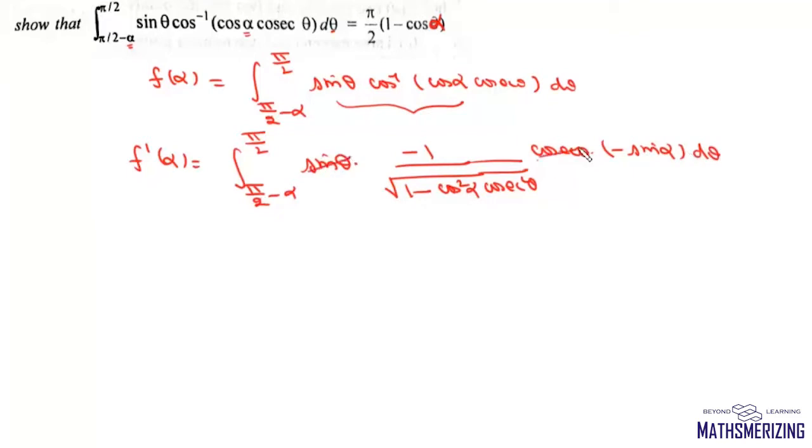Now sin theta into cosec theta is 1, and then plus, I will put the upper limit.